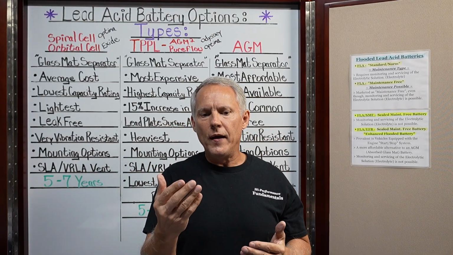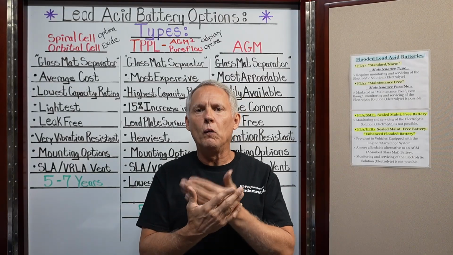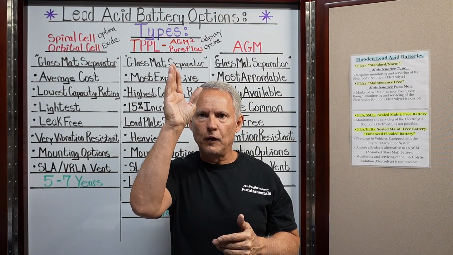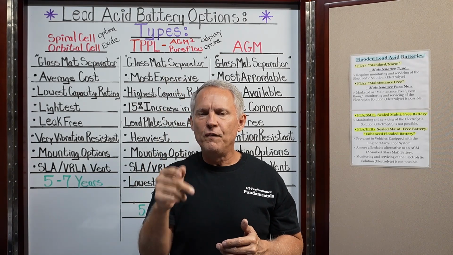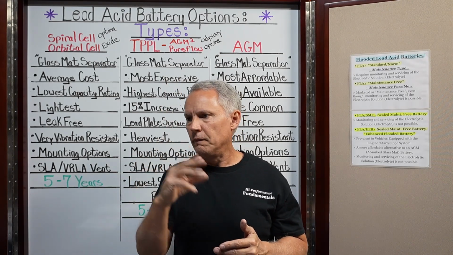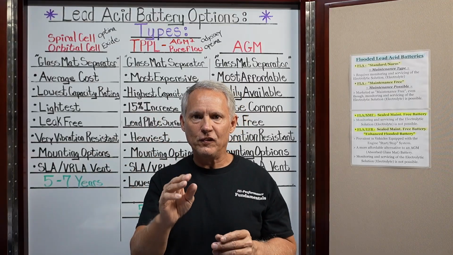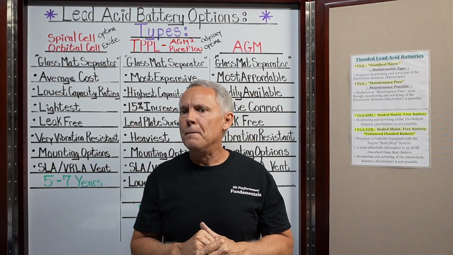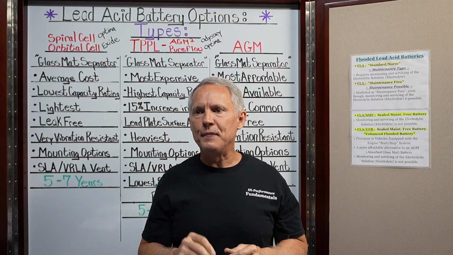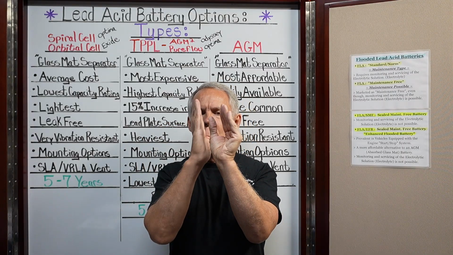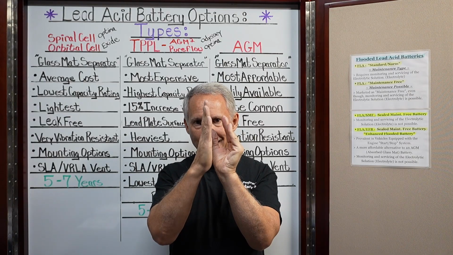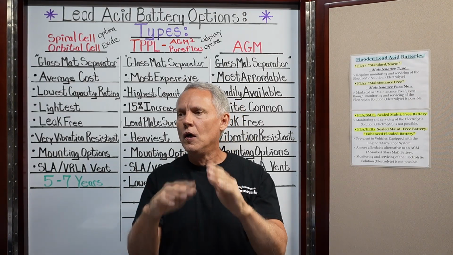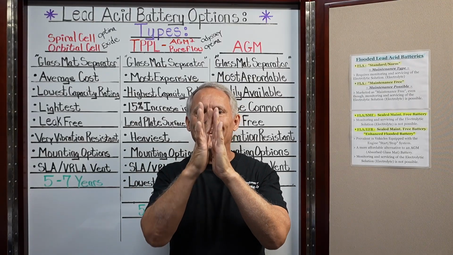The one thing I want you to take away is this: because the electrolyte is in a gel form, if you overcharge the battery by accident, your charging system has an issue and you're using it as a dual purpose battery, so it's in a vehicle with a charging system, and it overcharges the battery, what can happen is that where the gel contacts the surface area of the plates, the positive and negative plates we talked about, or the cathodes and the anodes, you can actually get boiling, right?